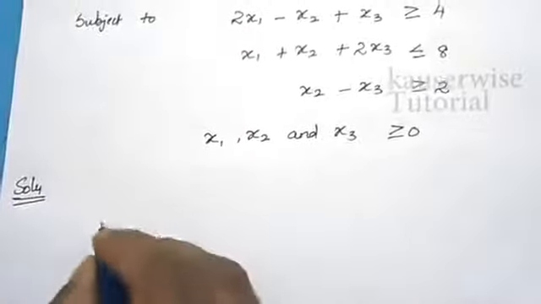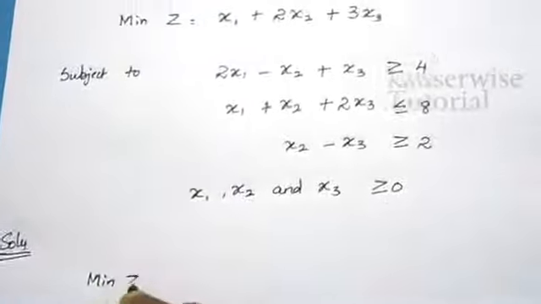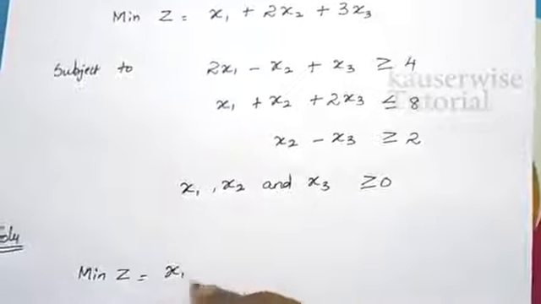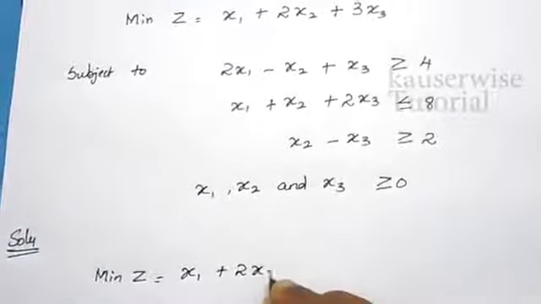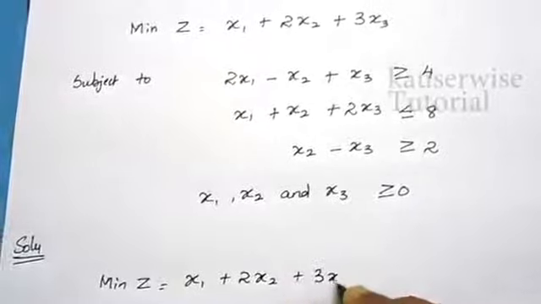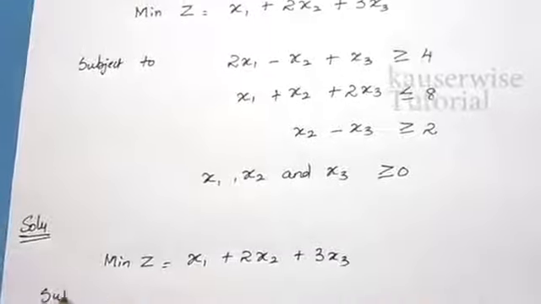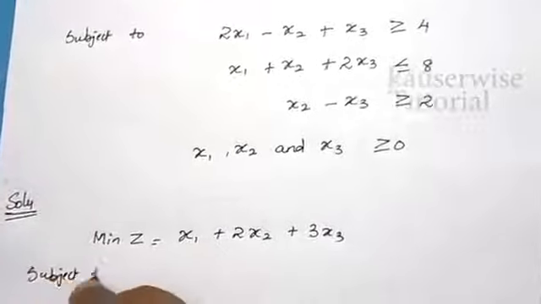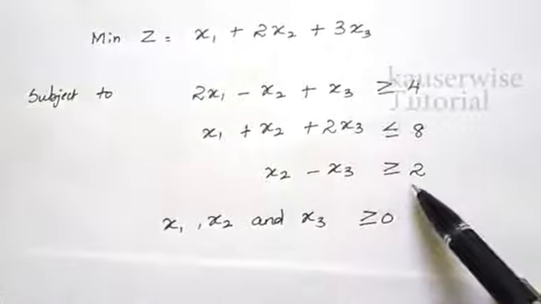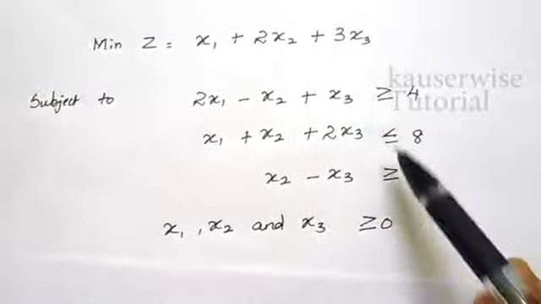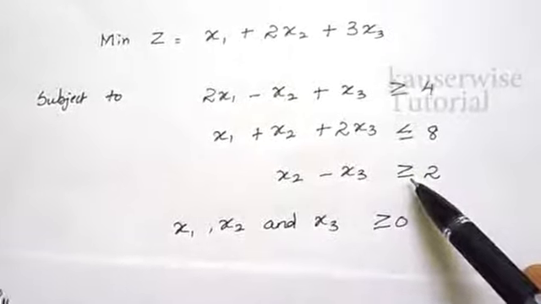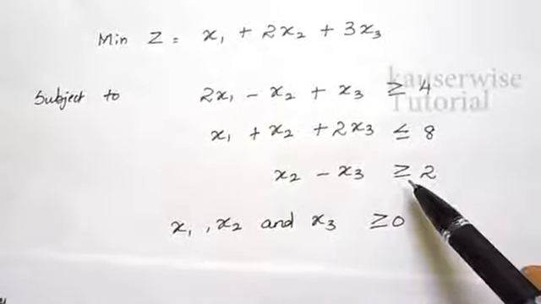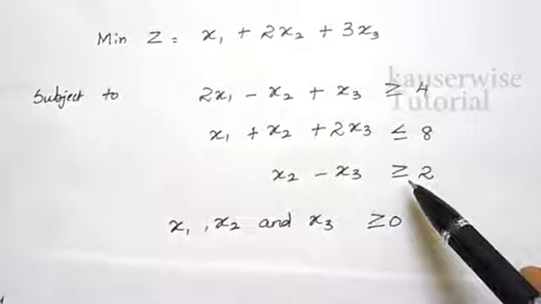First write the objective function. Minimize Z equals x1 plus 2x2 plus 3x3 subject to the constraints. Look at the first and third constraints. These constraints are greater than or equal to type, so we need to convert them into less than or equal to type by multiplying with minus 1.